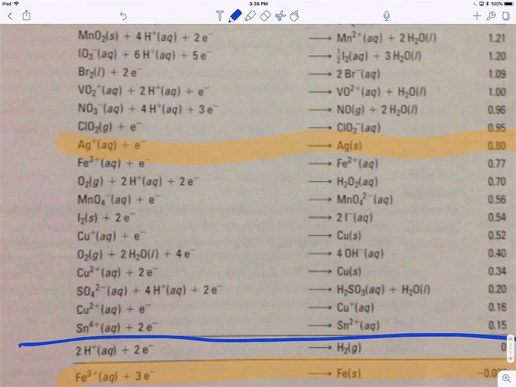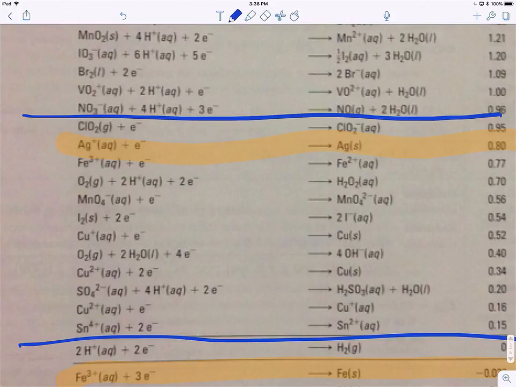Okay, but if you look here, let me throw another thing in. Here is nitric acid, right where this other blue line is. So we have plain old acid, well, I should say acid with nitrate anions, and this is above silver.